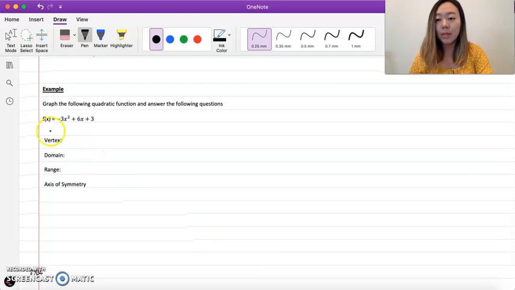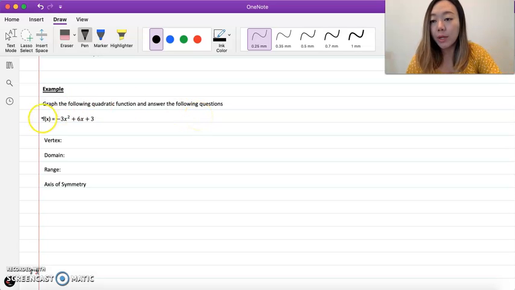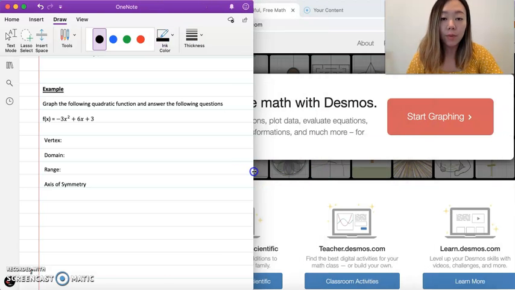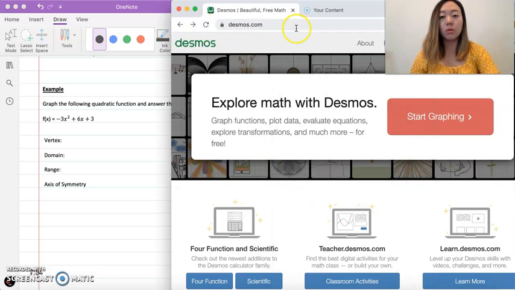The example here says graph the following quadratic function and answer the following questions. The equation is f of x is equal to negative 3x squared plus 6x plus 3. So first thing you have to do is graph the quadratic function. To graph, we are actually going to use Desmos.